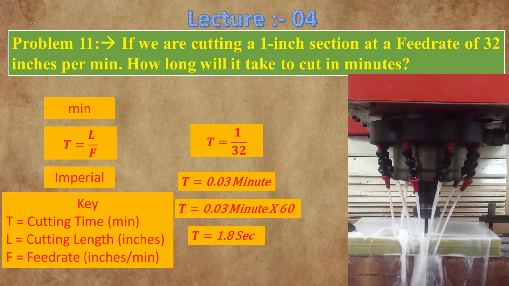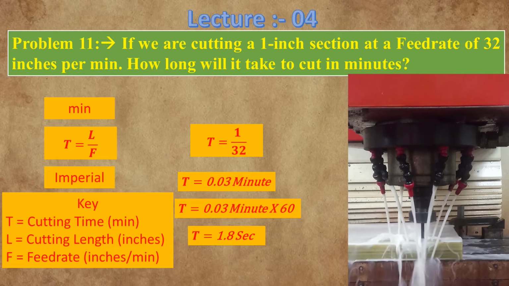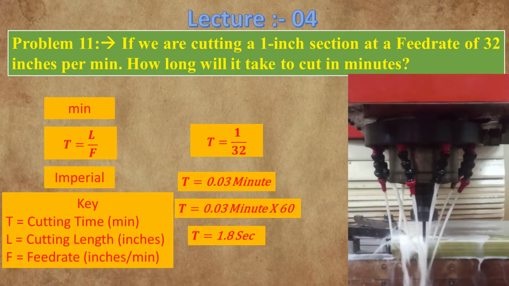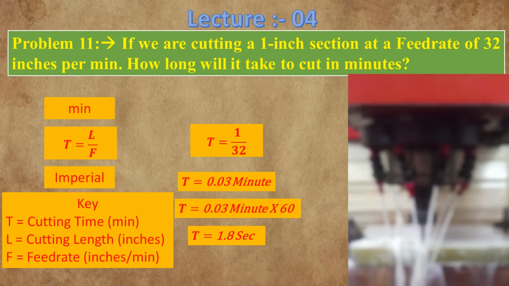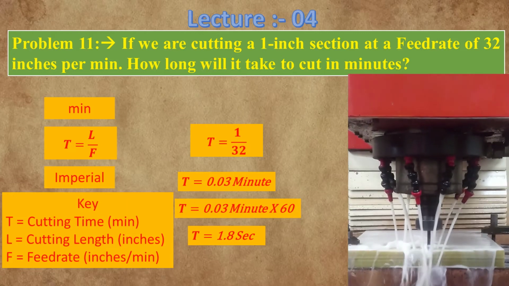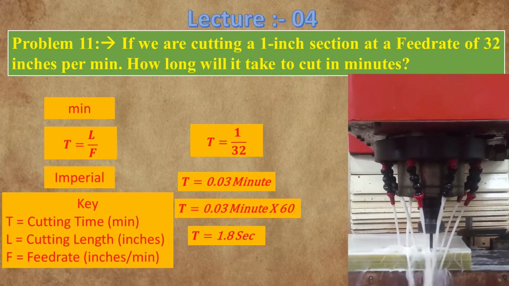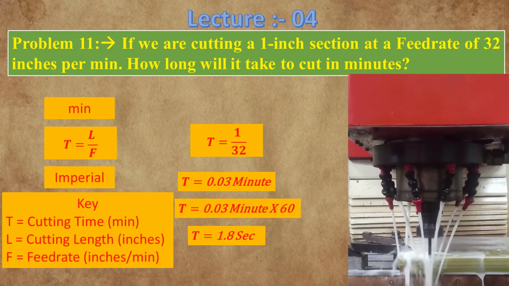If we do the division, it would give us an answer of 0.03. Now that is in minutes. If we times that by 60, it gives us it in seconds. So we would get an answer of 1.8 seconds. So really quick feed rates and a really quick time to cut. It would only take 1.8 seconds to machine a 1 inch length at a feed rate of 32 inches per minute.